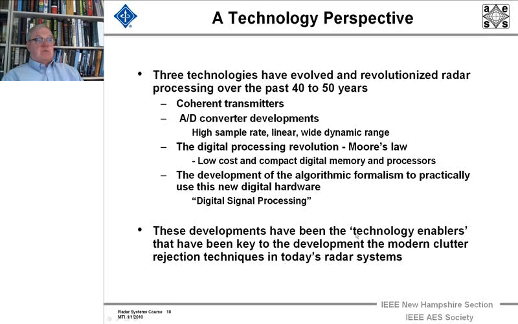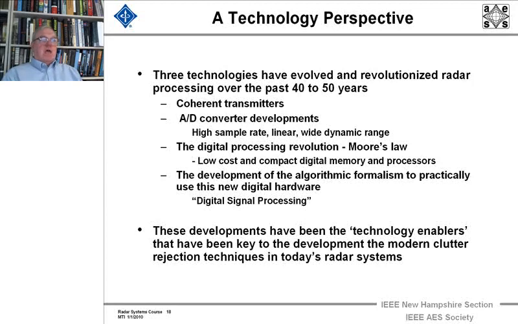And these developments have been the technology enablers that have been the key to the development of modern radar. The beginnings, because the A to D converters and the transmitters had gotten more stable. The A to D converters had wider dynamic range, linear, but they got it together so that you could put the first packages together to do radar signal processing and really see it work wonders on the simpler cases in air traffic control radar.